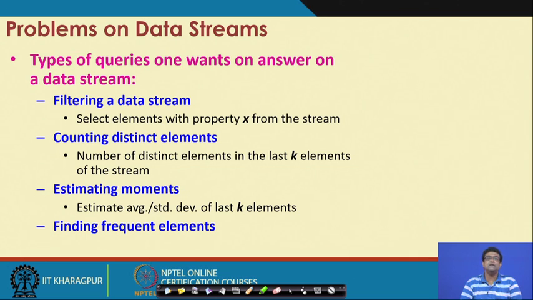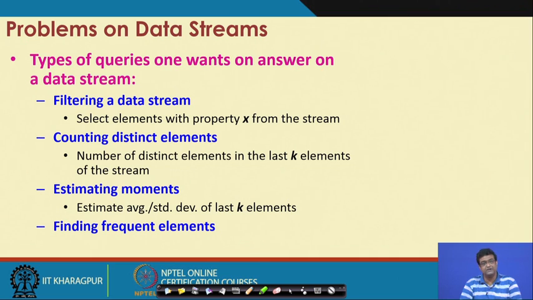Second is the count distinct question, which is where you have to count the number of distinct elements in a certain data stream. The third question is what is called the estimating moments question. So, you may want to estimate the average or standard deviation of counts of the last k elements. And finally, you may want to find the most frequent elements in a stream.